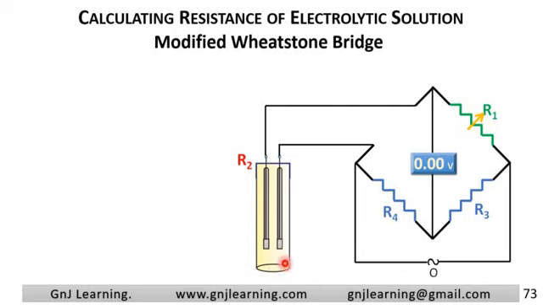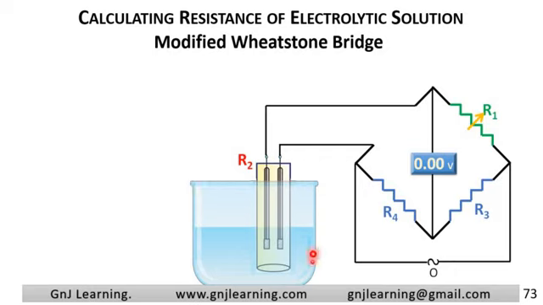This we will discuss later in the next slide. So now I have all those resistance, but this resistance is in the conductivity cell. If I want to measure the resistance of an electrolytic solution, I simply dip this conductivity cell into it like this. I have the electrolytic solution in this beaker. I dip this conductivity cell into it.